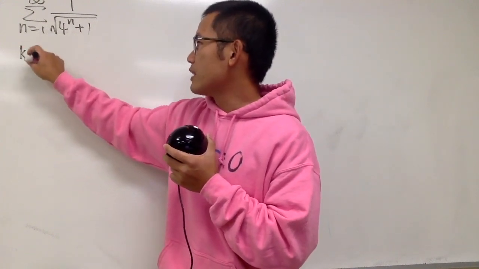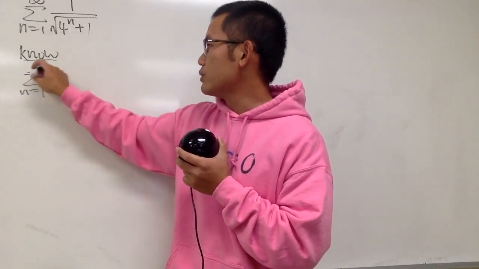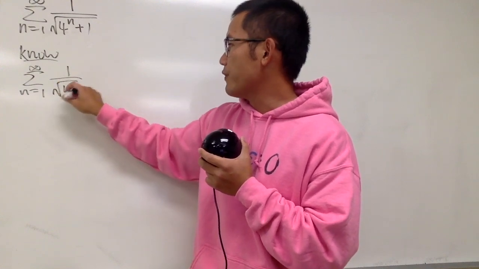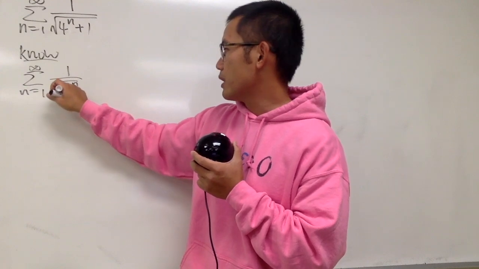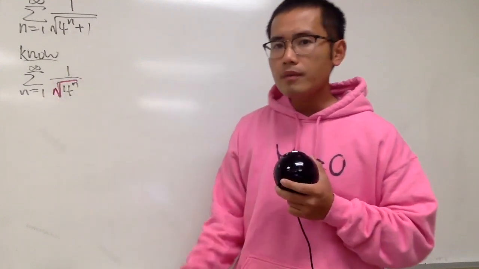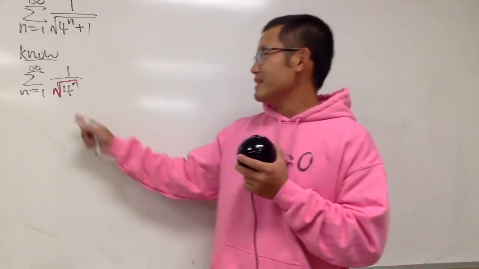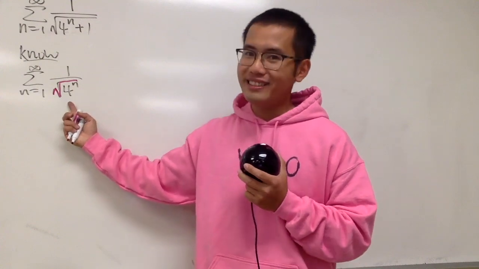So let's put down the one that we know, which is the sum as n goes from 1 to infinity. And again, just look at 1 over square root of 4 to the nth power. And of course, let's do some power business and all that. One of the rules of exponents is that this right here is to the 1/2 power, and you can actually do that to the number first.